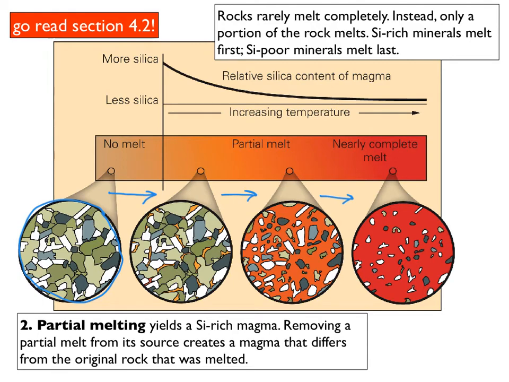But regardless, any and every time you partially melt a rock, the resulting liquid or melt will be more silicon rich than the source that you started with. And the lower the percent of partial melting that occurs, the greater that enrichment in SiO2 of the resulting melt.